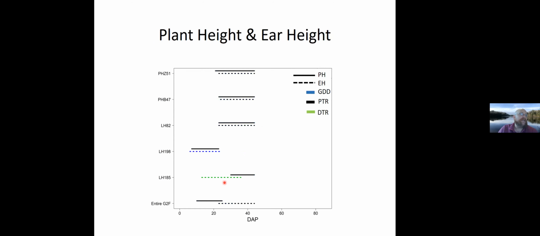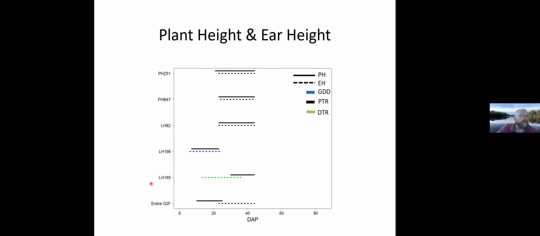For plant height and ear height, plant height being solid line, ear height being the dotted line, photothermal ratio was the environmental factor for most of the subpopulations, as well as the entire genome field data set. However, there's some variability.